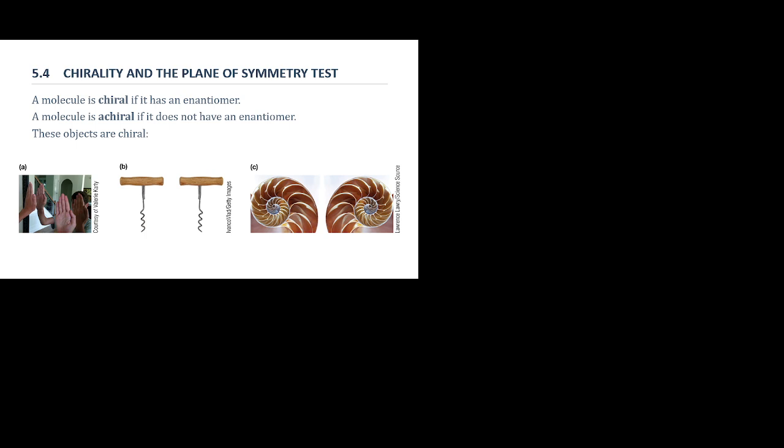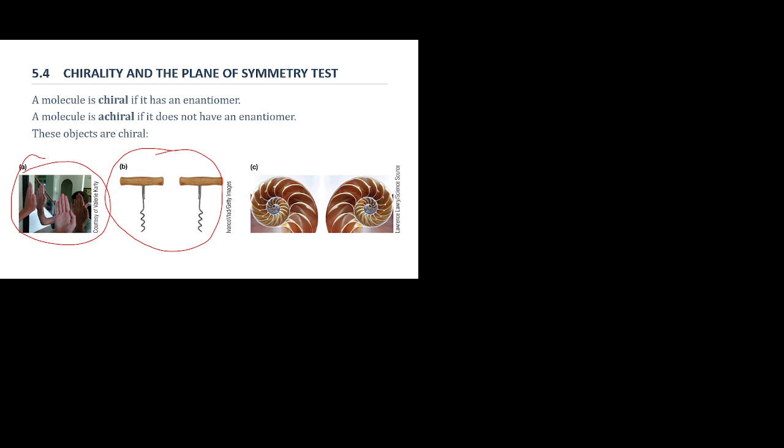And so we actually see some examples right here. The hand would be what? It has to be chiral, right? Or else the word doesn't make any sense. This right here, is that chiral or achiral? Yeah, achiral, right? Because it's too simple.